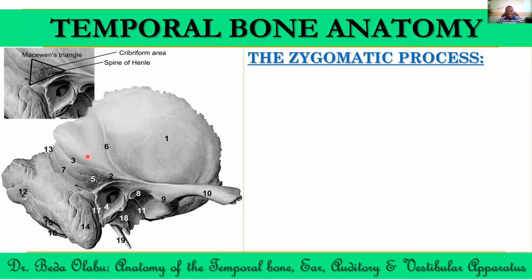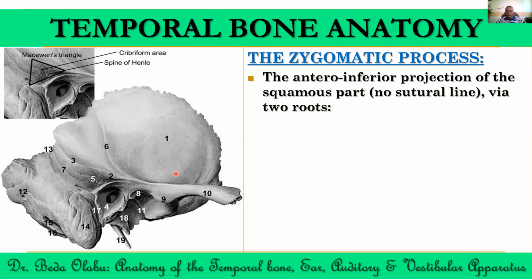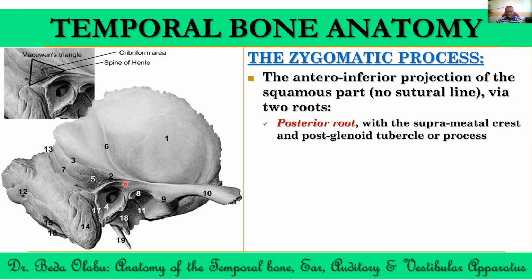Now we can talk about the zygomatic process, which I've told you is morphologically part of the squamous part. Zygomatic process is an anterior-inferior projection from the squamous part, and there's no sutural line. The projection from the squamous part arises by two routes. There's a posterior route, which is this one here.